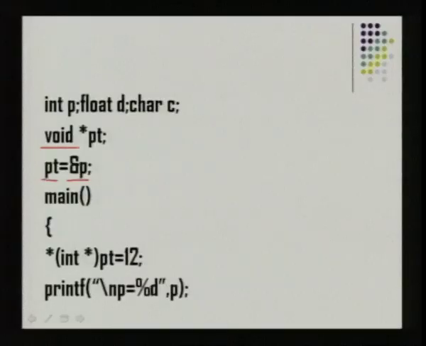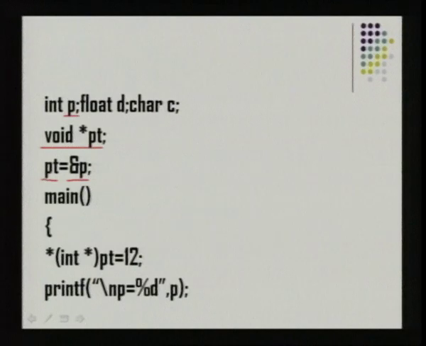Here if you see, it is void. So, void star pointer variable pt. Here I am assigning the address of this integer variable p to this pointer variable pt. So, here the compiler will understand that this pointer variable is pointing to an object of type integer for which I am supposed to allocate these many number of bytes.